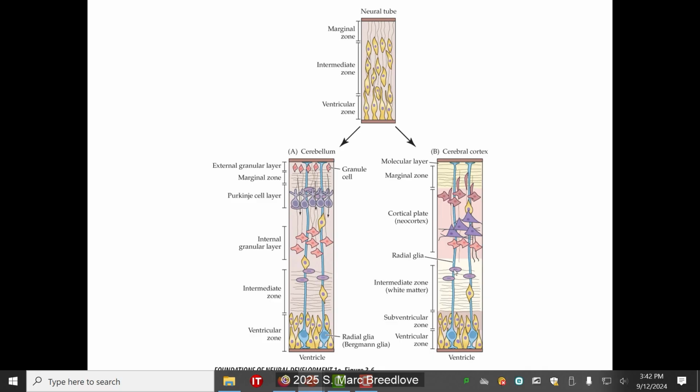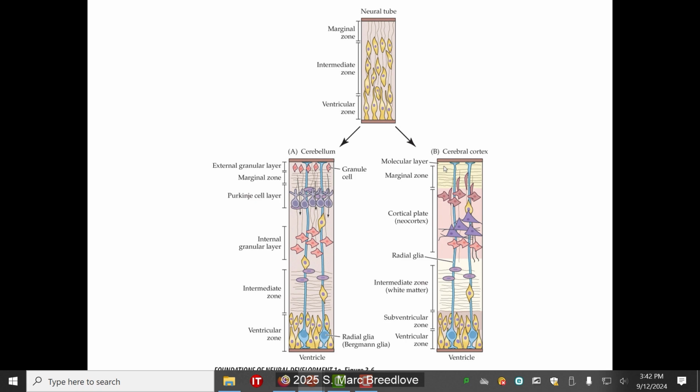So the cells are climbing up the radial glia, and now they're going to make what we think of as a cortex, and during development, it's called the cortical plate. It hasn't yet divided into 6 layers, but we're going to see the 6 layers soon. And in the meantime, the marginal zone gets left out here, and eventually there'll be another layer that consists only of synapses and axons and dendrites.